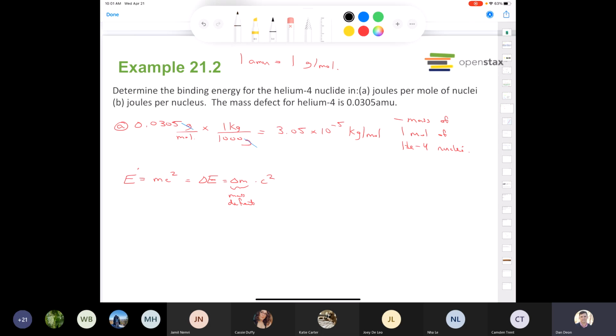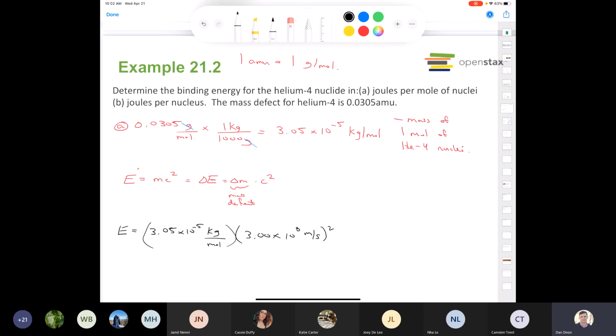So let's put some numbers to it. Our energy is equal to our mass defect, 3.05 times 10 to the negative 5 kilograms per mole, multiplied by c squared. C is the speed of light, 3.00 times 10 to the power of 8 meters per second, squared.